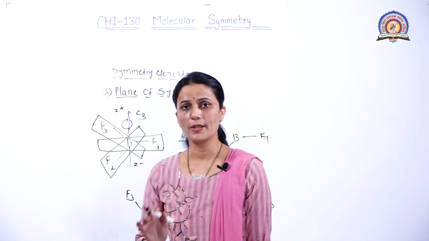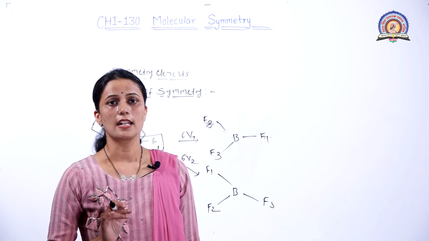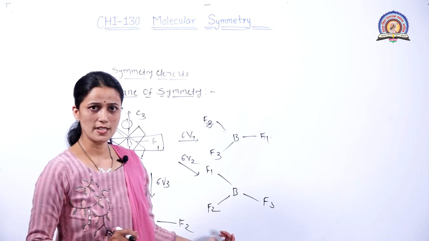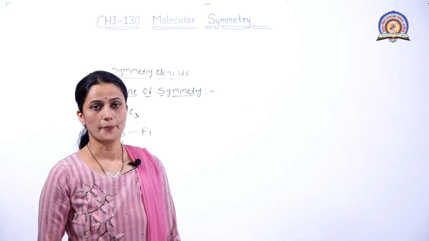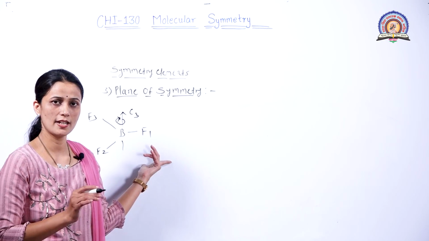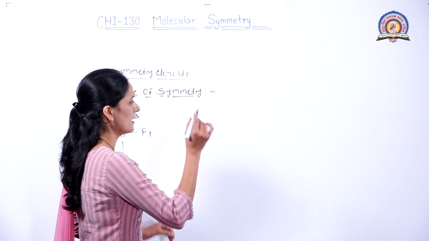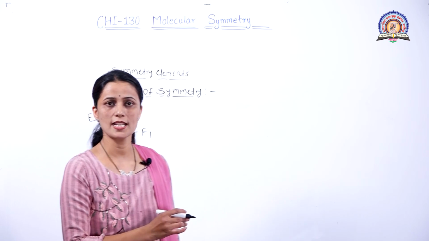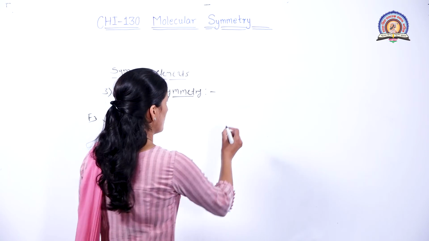Now the third plane, that is the dihedral plane, that is sigma d. Is sigma d possible in this compound? So let's see. Okay, let's think about sigma d. This is your molecule where sigma v and sigma h are possible. Now there is a short trick to know whether sigma d is possible or not.